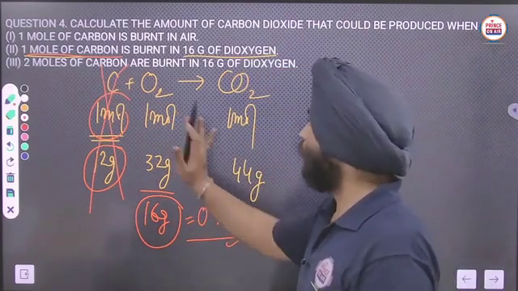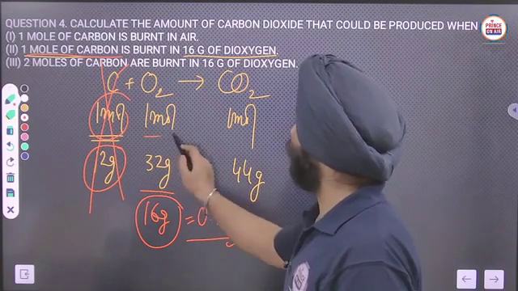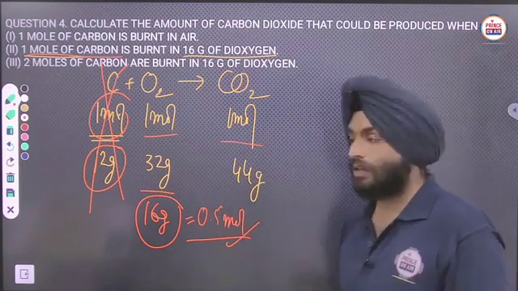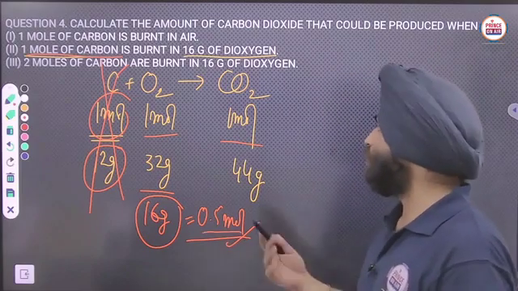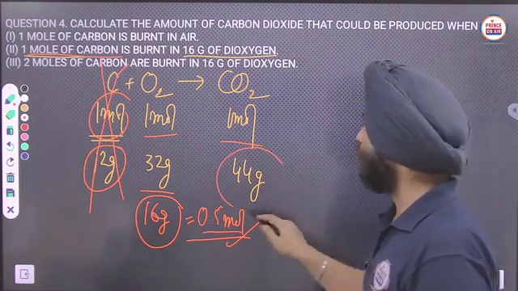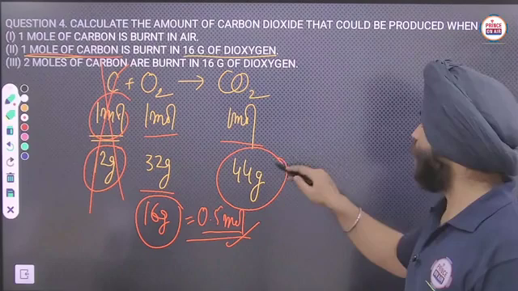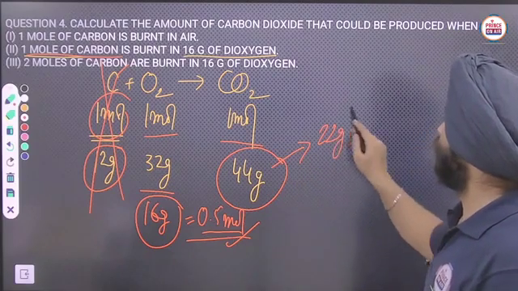So you just have to see the oxygen. 1 mole of oxygen will give 1 mole of carbon dioxide. Half mole of oxygen will give you half mole of carbon dioxide. Half mole of carbon dioxide comes out to be 22 gram.